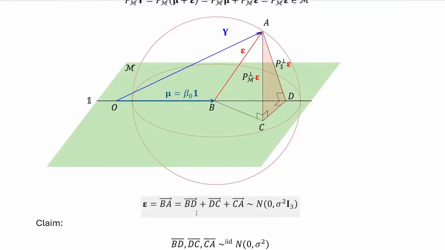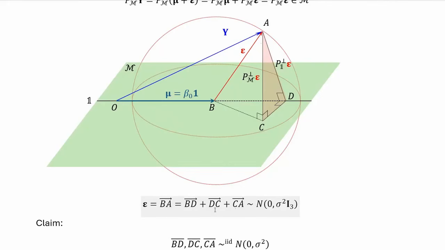So first, let's see which pairs are clearly orthogonal. We have CA orthogonal to the plane M. That means CA is perpendicular to all the vectors in M. So for that, we have CA perpendicular to BD and CA perpendicular to CD. Let's say that again. CA is perpendicular to BD and CA is perpendicular to CD.